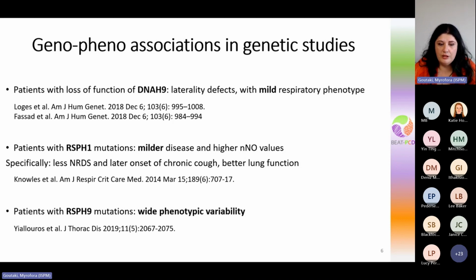While patients with RSPH9 mutations, and this is also quite a common example, had a very wide phenotypic variability. So in that case, we cannot safely say that this gene is associated with some specific characteristics and clinical phenotype.